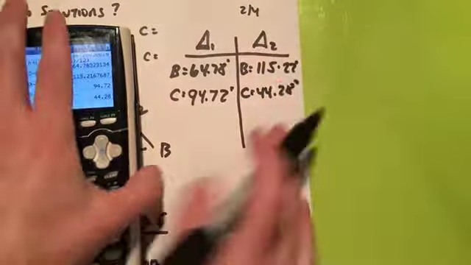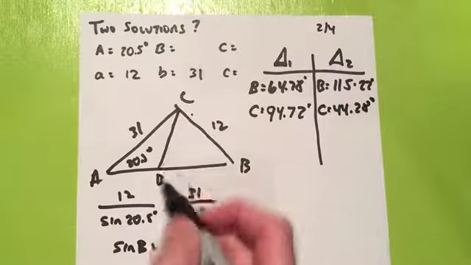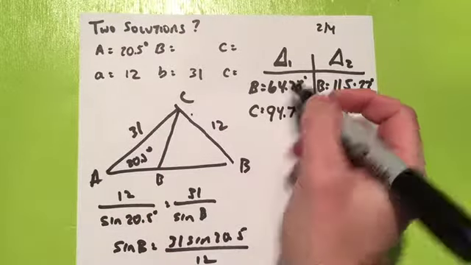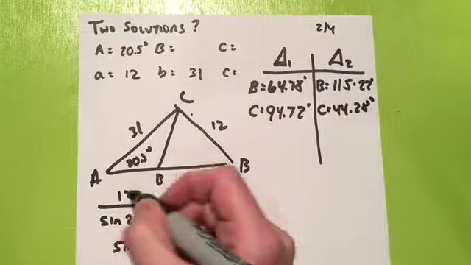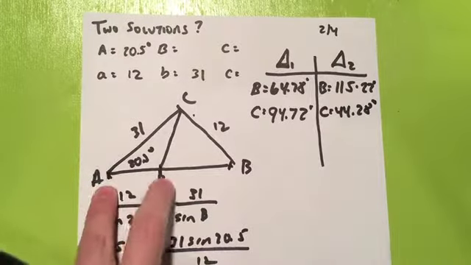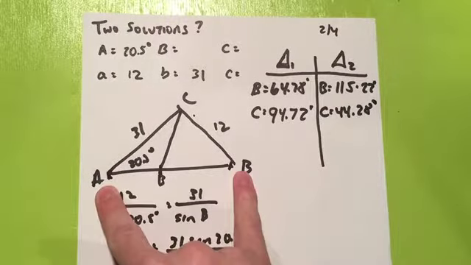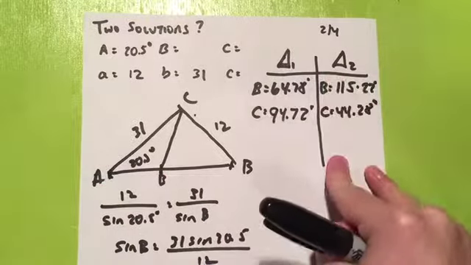Now, because C could be the full angle if B is acute, C could be the portion of the angle if B is obtuse. There are then two different C values. C for the full triangle, triangle 1, C for the small triangle, triangle 2.